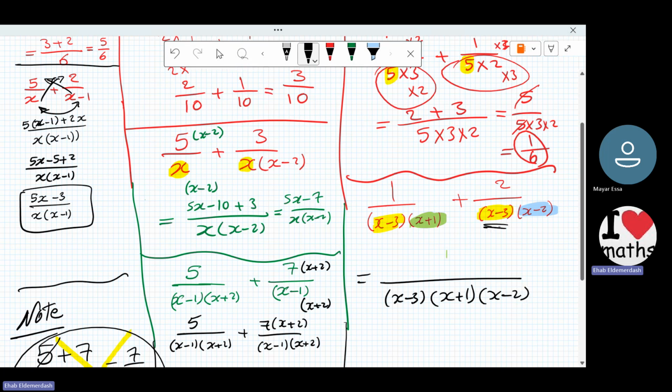I don't have to rewrite the yellow again. To make this common, I multiply this part by x minus 2, the blue part, and the other side by x plus 1, the same for the denominator.